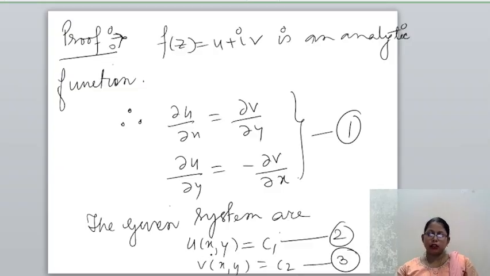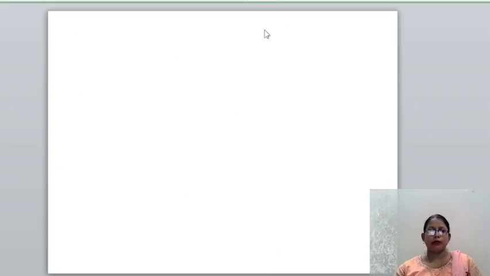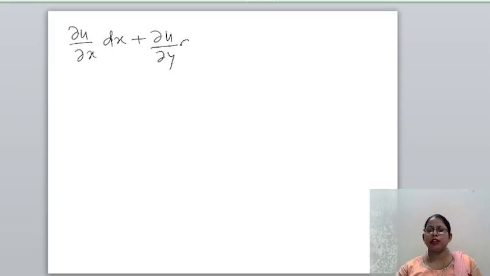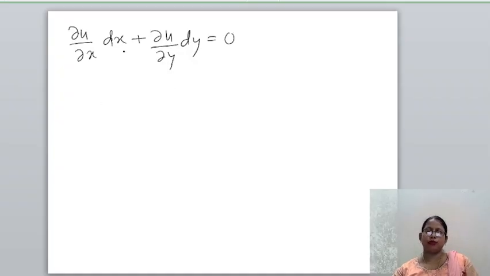Now differentiating 2 and 3, if we differentiate 2, u is a function of x and y. So first partially differentiate u with respect to x, then dx, again differentiate u with respect to y, dy. On the right hand side, it is a parameter, a constant, so it is 0.